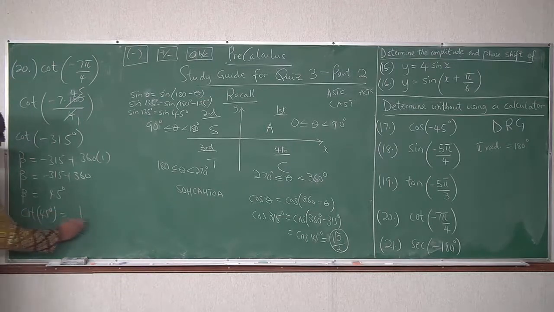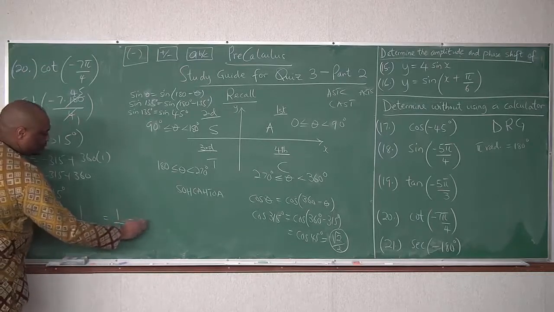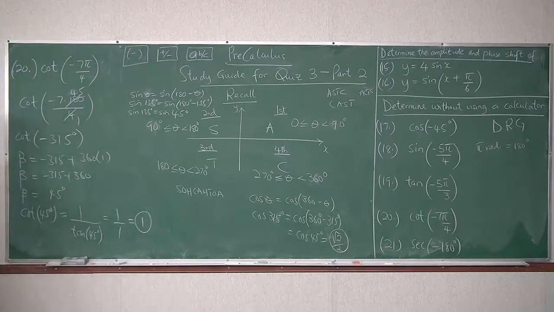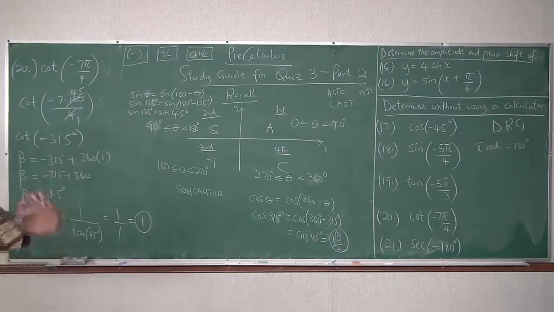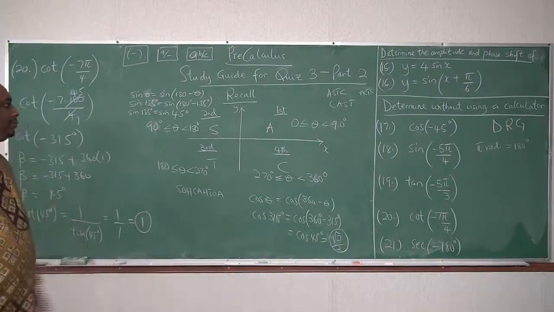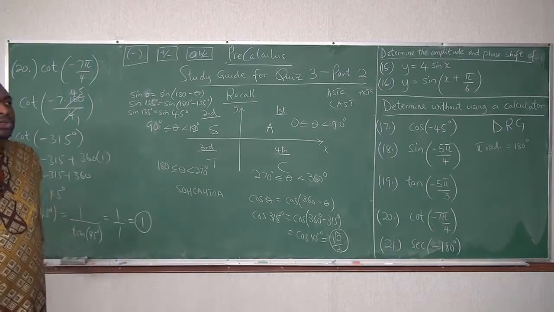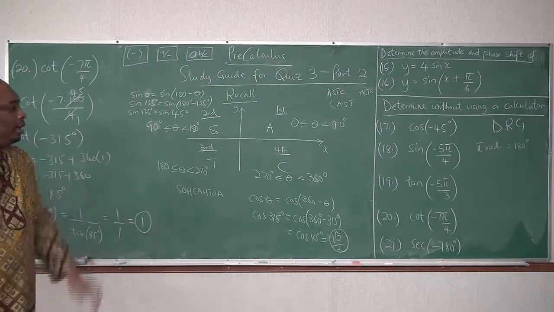Cotan is 1 over tan, so 1 over tan 45 degrees, and that is 1 over 1, which is 1. The answer is 1. Cotan x is 1 over tan x. Watch the video on the trigonometric functions.